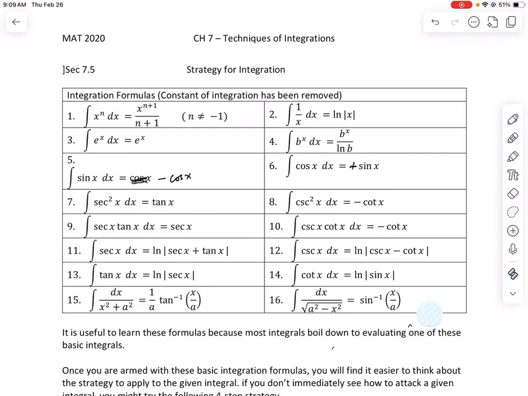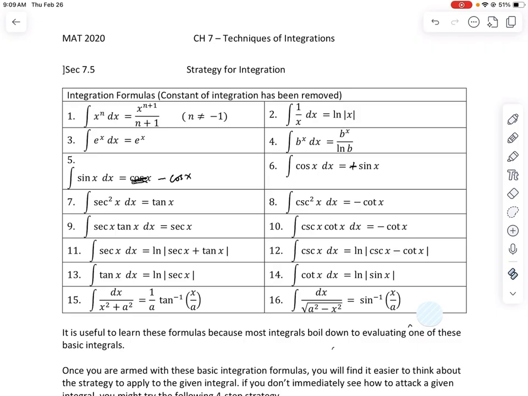Hi, we are going to look at section 7.5, which is about what strategy to take for integrating a given integral. Now, this is a table of integrals which you have seen before.